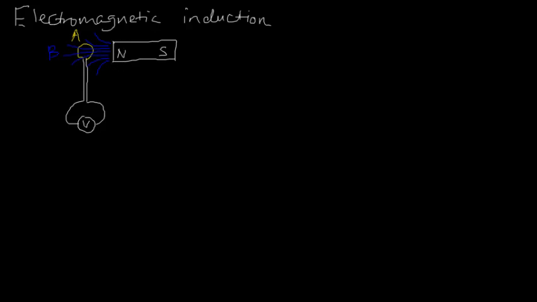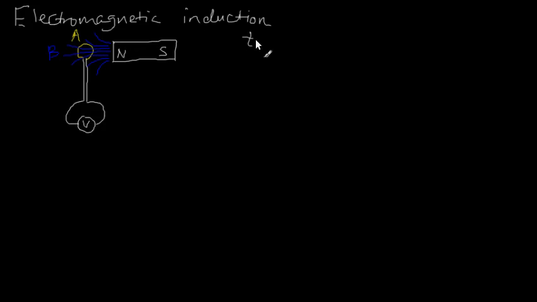Now, I can imagine writing down some values of what we observe. I can imagine making a table of this. I write down the quantities that I think would affect the voltage.